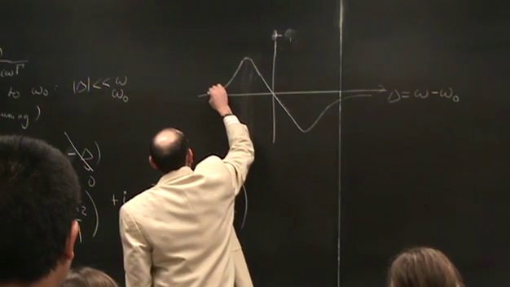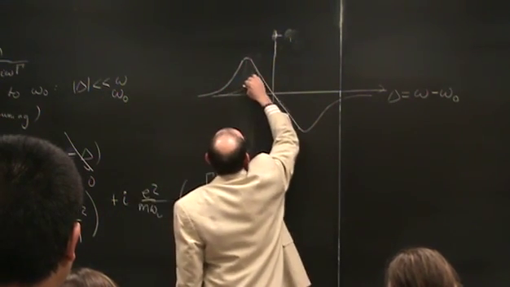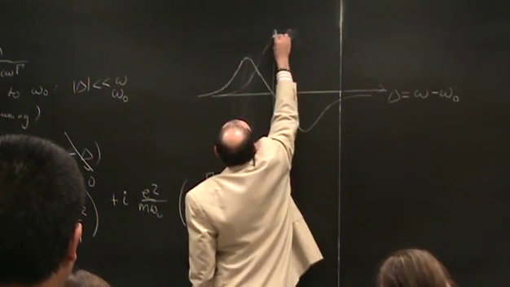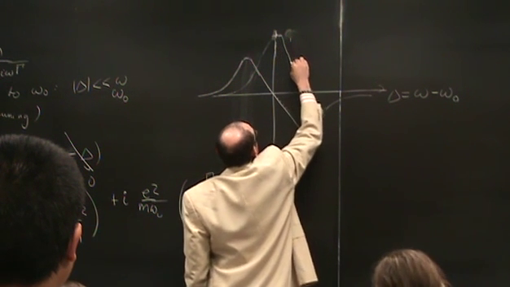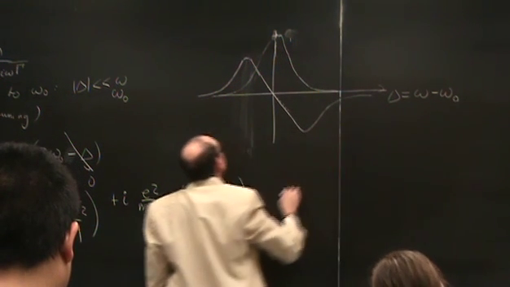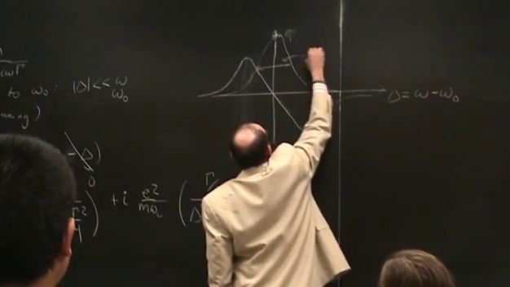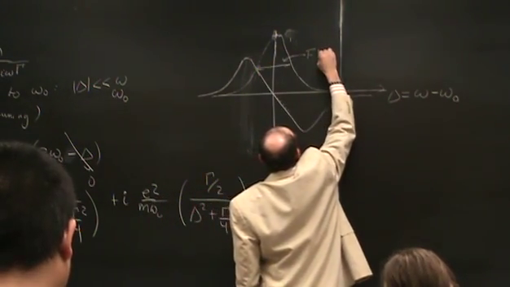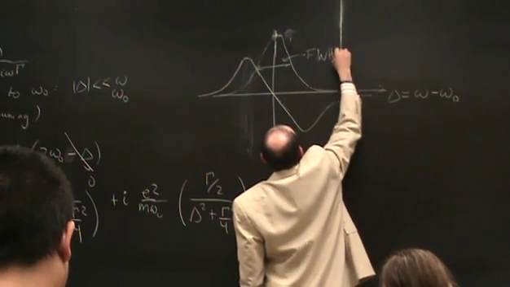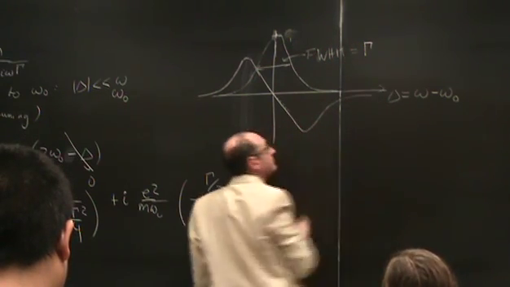So it falls off faster than this. And then it goes rapidly up. And then it falls off again. And the full width at half max is equal to gamma.